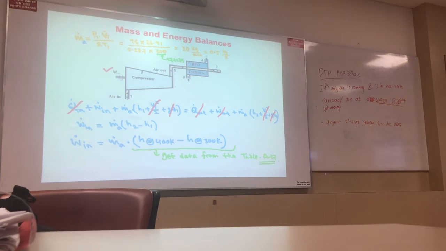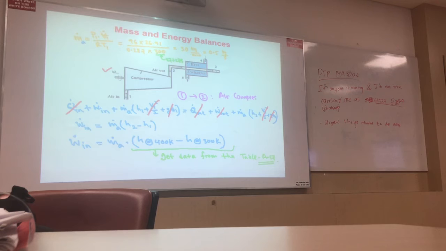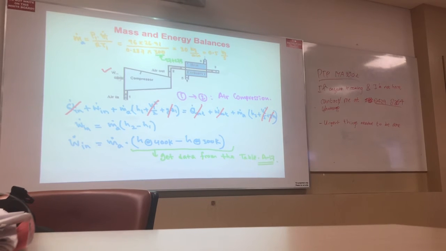Done, right? So now I am going to show you this one, energy balance between 1 to 2. Air compression, right? Then you understand, 1 to 2 is air compression. I can get this. Can I go next?